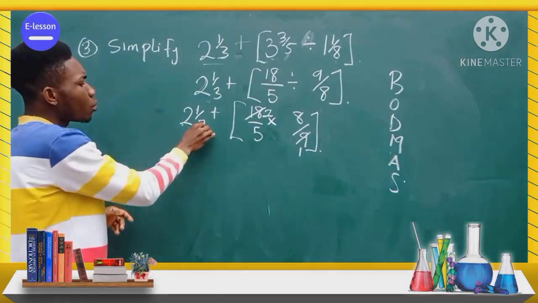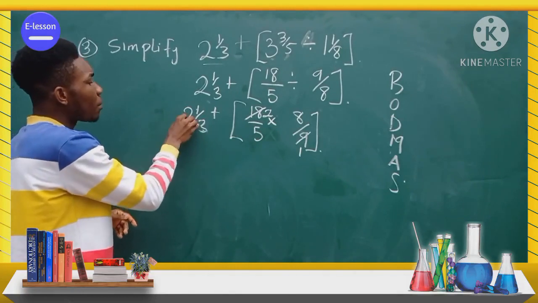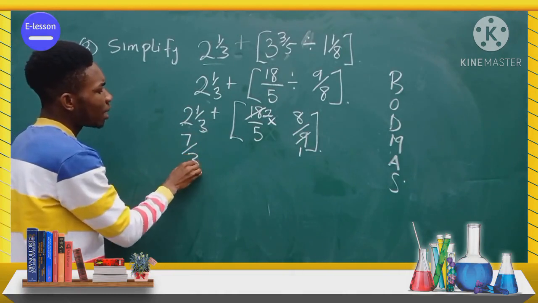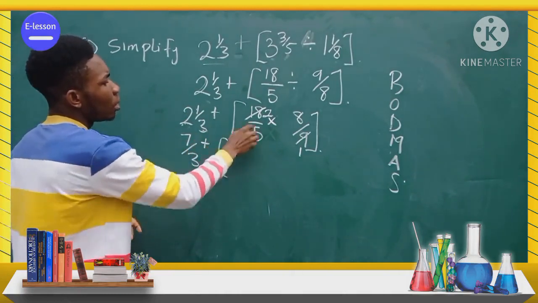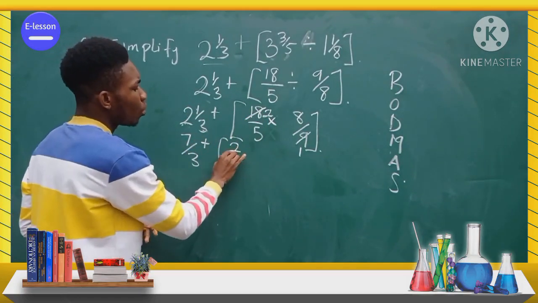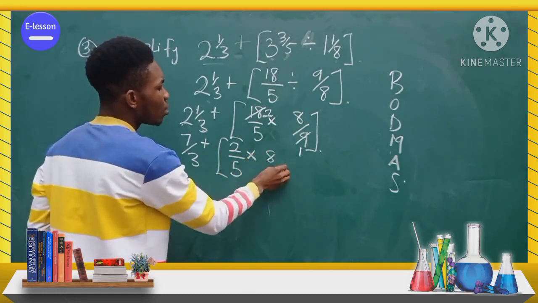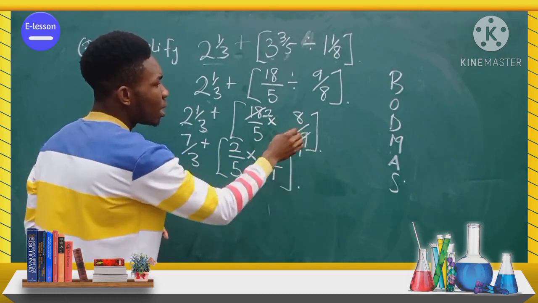So this becomes 3 times 2 is 6 plus 1 is 7/3 plus, there you have 2/5 times 8/1.